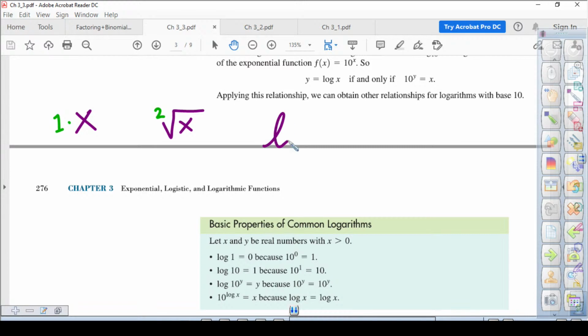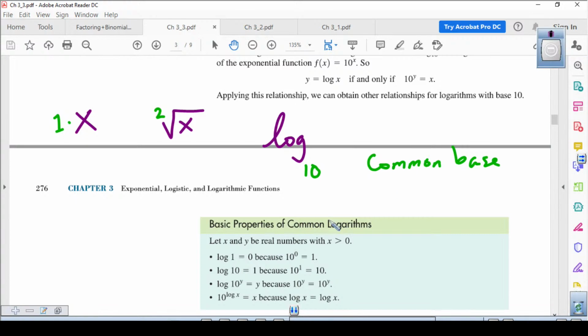If you see a log by itself with no base, there's always a base at the bottom, which is 10. We call this common base. If there's no base, there's always 10. Just like here, if there's nothing, there's always 1. Just like with roots, if there's nothing, there's always a 2. Logarithm, if there's nothing, there's always a base of 10.